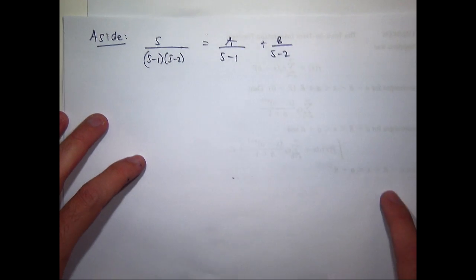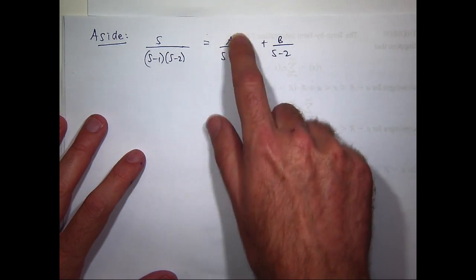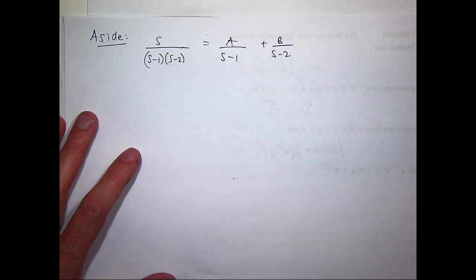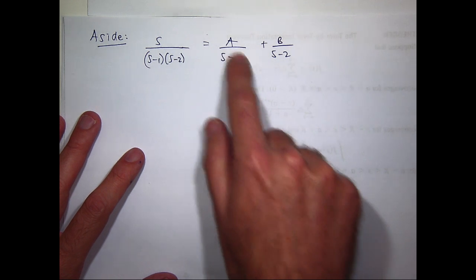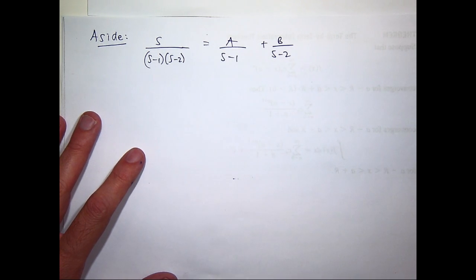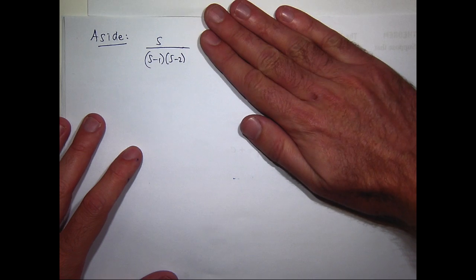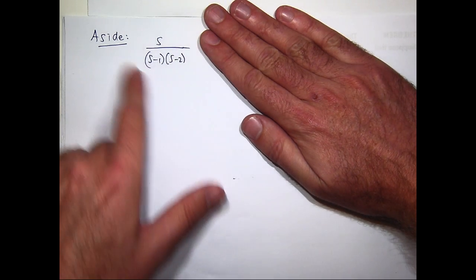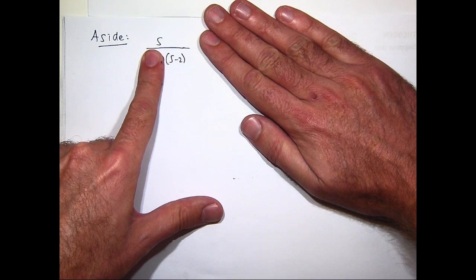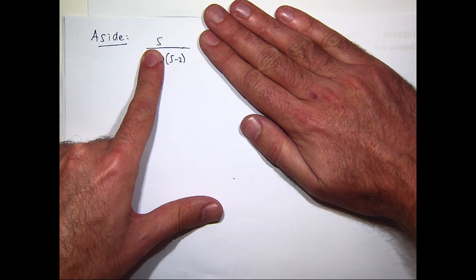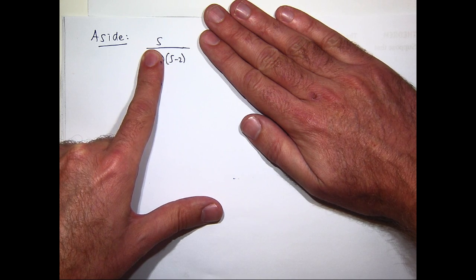So you've got to pay attention now. Suppose I wanted to calculate big A. Big A lies above s minus 1. What I do is I just concentrate on this left-hand side and cover up s minus 1. Right? Then I plug in s equals 1, and that gives me the value of A.